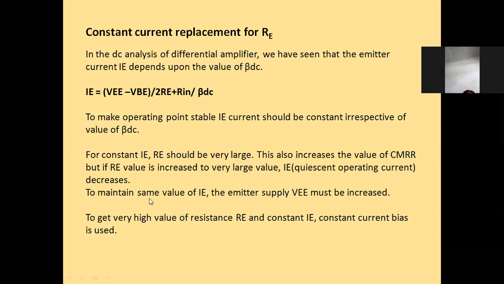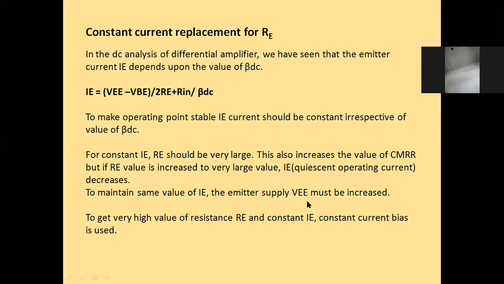And to maintain the value of IE same. So here what we have to do, as we are considering two transistors, and to maintain the value of both the transistors with respect to emitter, that is emitter current of transistor Q1 and transistor Q2, if both should be same, then it has to connect it to a common supply, which we are calling as VEE.